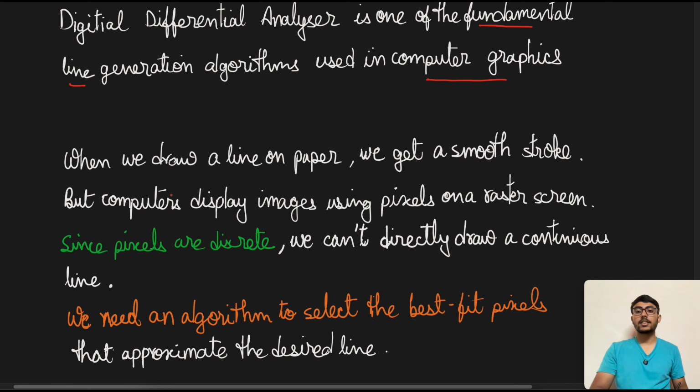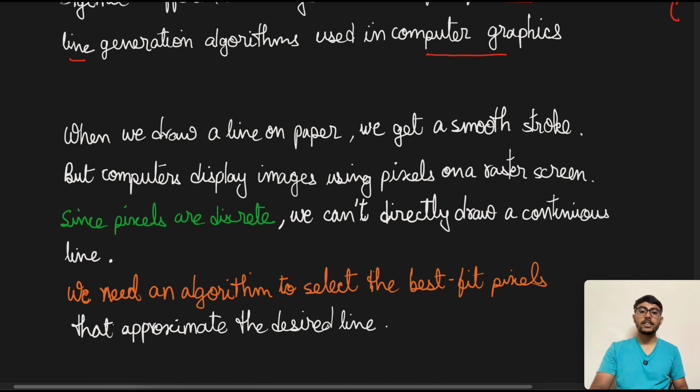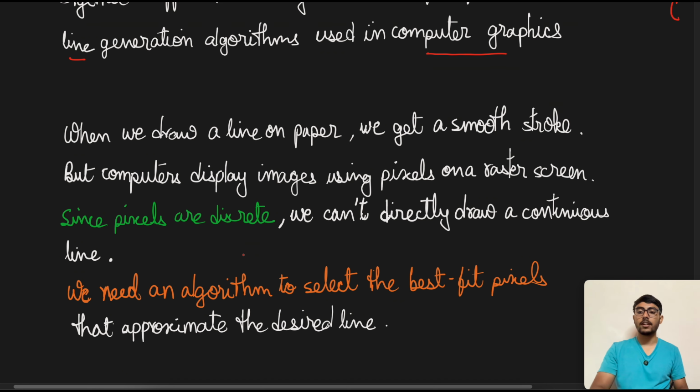And those pixels end up on a raster screen. If you want to know more about raster screens, I'll put a video link in the I button here. You can check that out. And since these pixels are discrete, we can't directly draw a continuous line, right? We need an algorithm to select the best fit pixels that approximate the desired line.